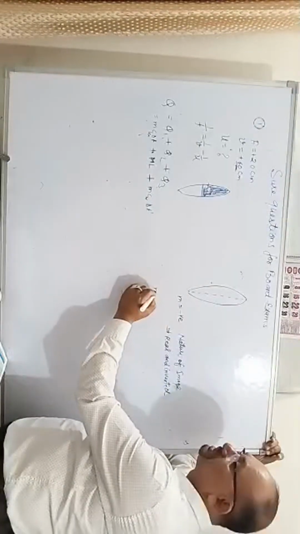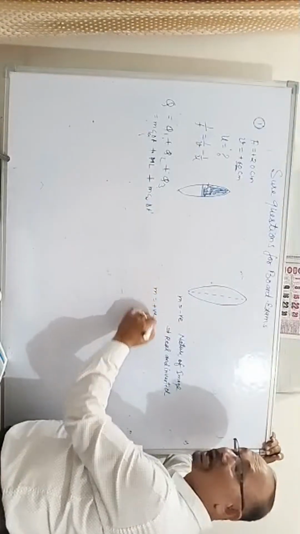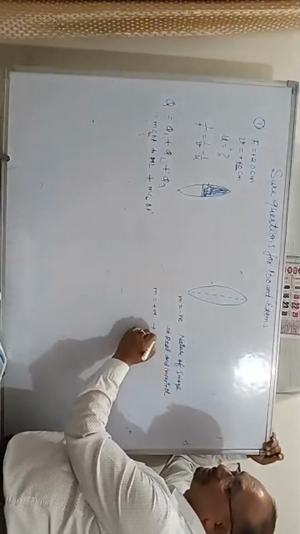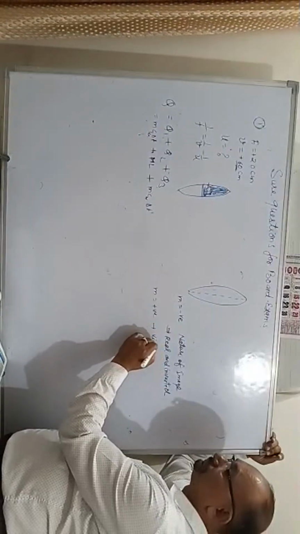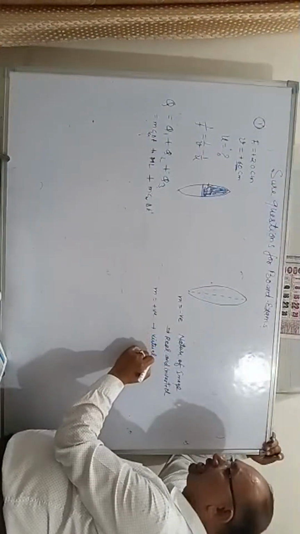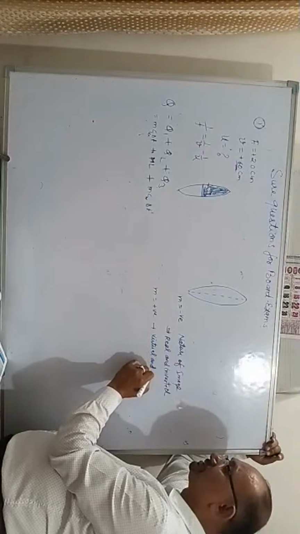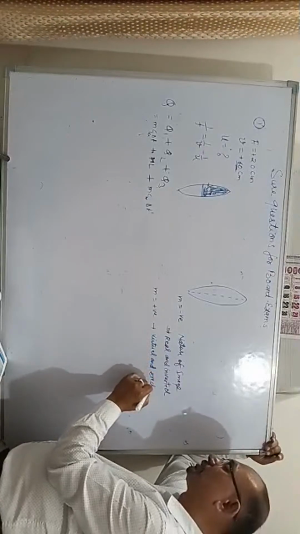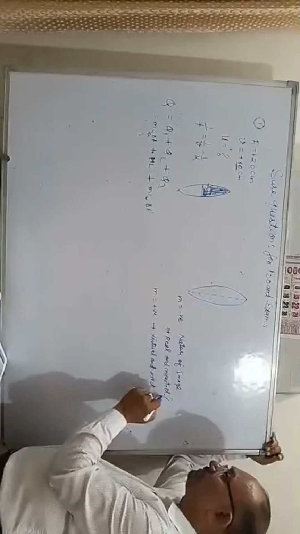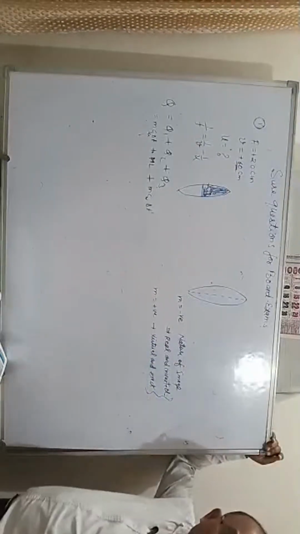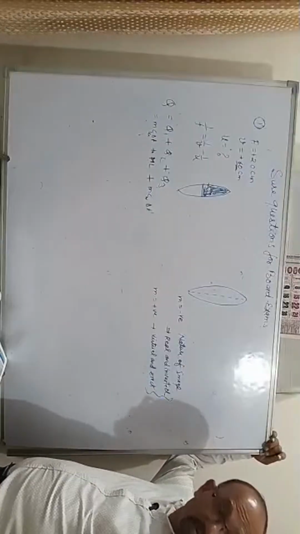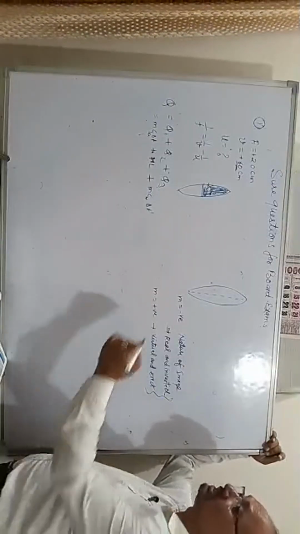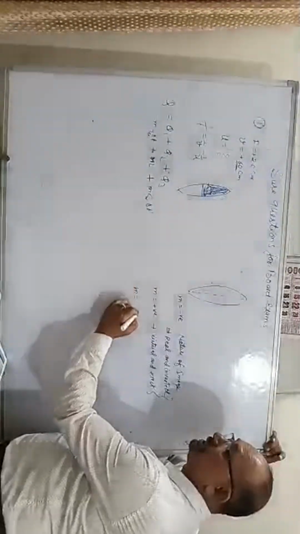Or if M is positive, the image will be virtual and erect. Okay, dear students, this is a very important thing. Suppose the image obtained is 3 times the object, that is M equals 3.